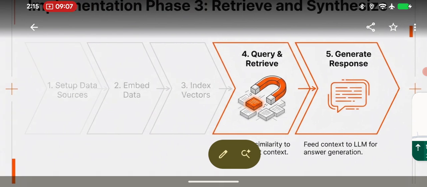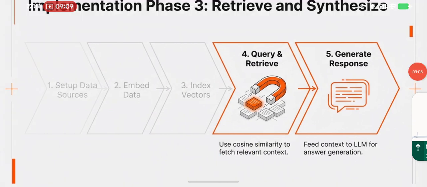Right. The next stage is retrieve and synthesize. So for retrieval, whenever a user asks a question, that question is again converted into a vector embedding, and that vector embedding is given to the database, and it will find the embeddings which are close to each other based on cosine similarity.